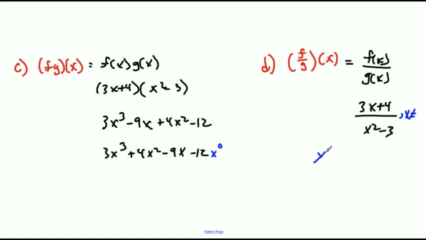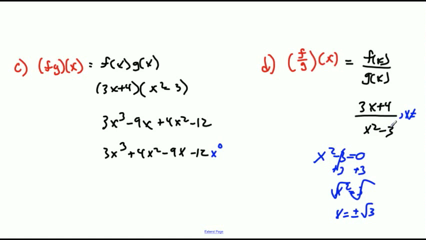Well, if I take the denominator and set it equal to 0 and solve for x, so I add 3 to both sides, and then I take the square root, I get x equals plus or minus radical 3. What does this mean? It means if I were to plug in square root of 3 or negative square root of 3, we would get 0 in the denominator.